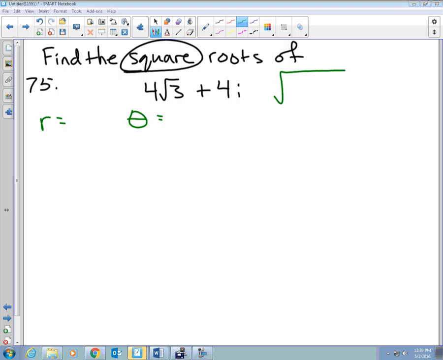What do you get when you square that? 16 times 3 is 48. 4 squared. So what is the r value? 8.